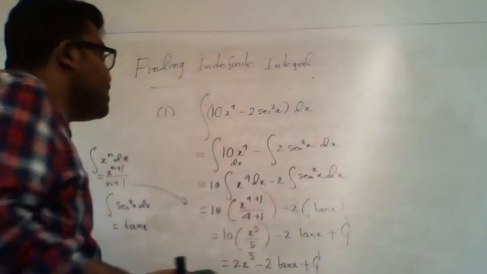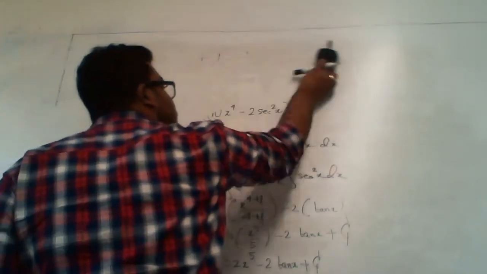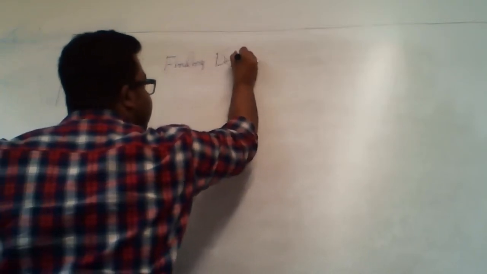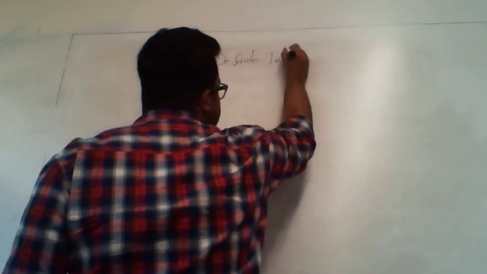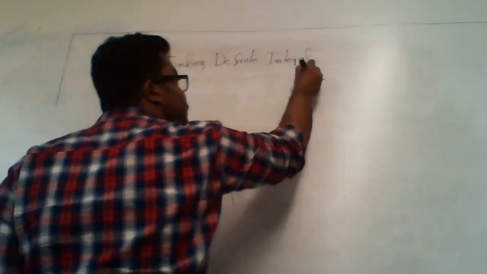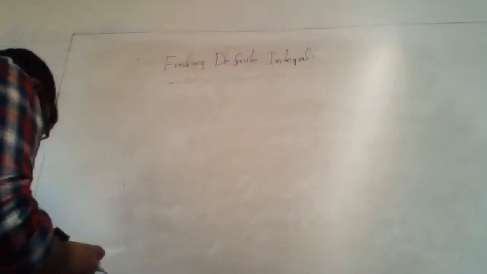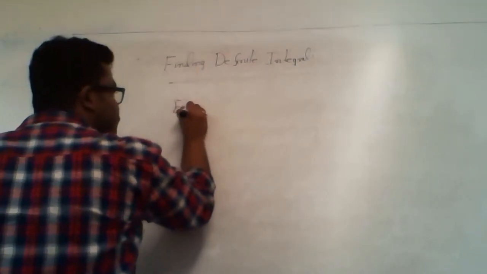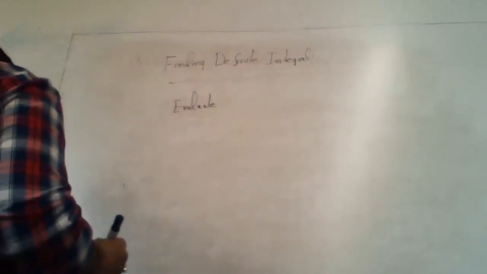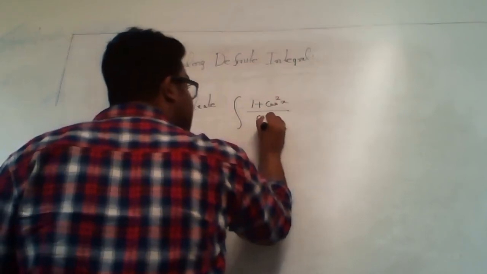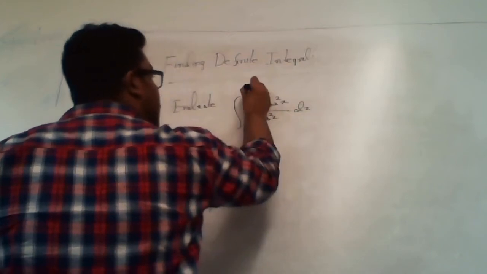Now let's take the next topic, which is finding definite integral. So let's take the second problem, which is evaluate integral of 1 plus cosine square x divided by cosine square x dx from 0 to pi by 4.